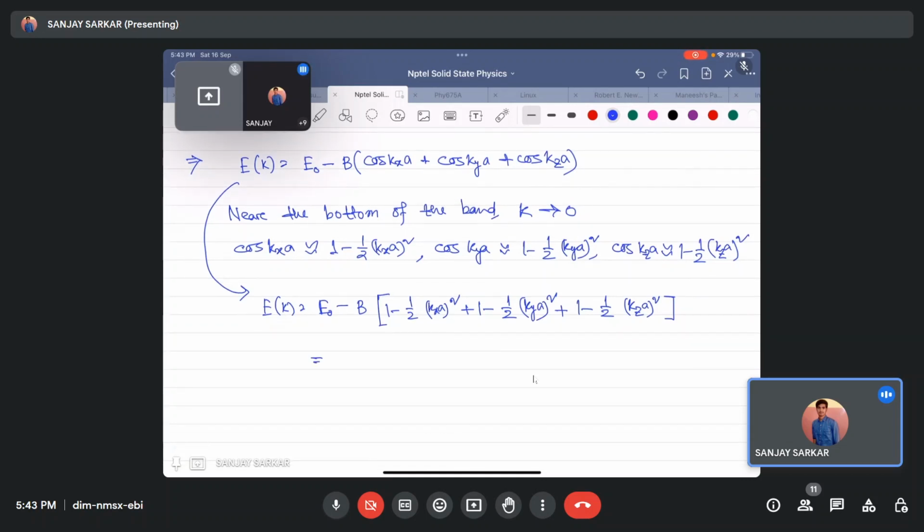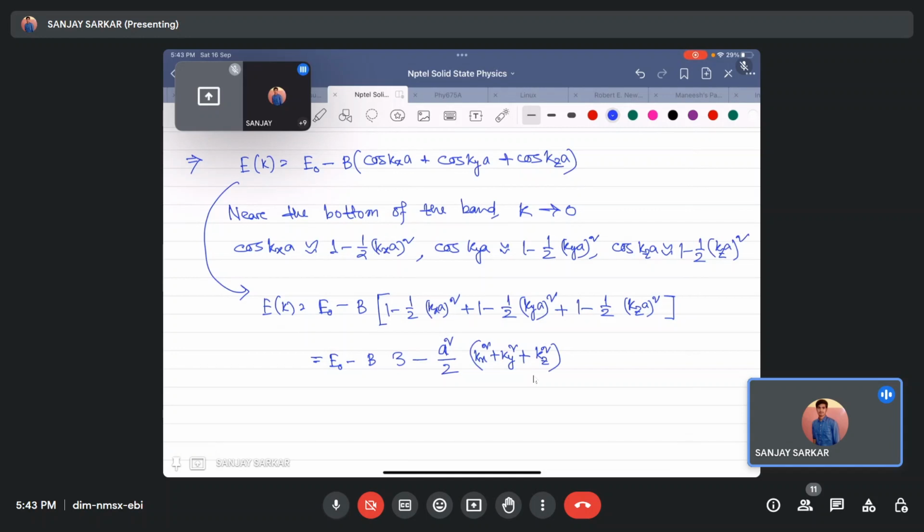You can also write this as E naught minus b into 3 minus half. If you take a square by 2 common, then you will get kx square plus ky square plus kz square.